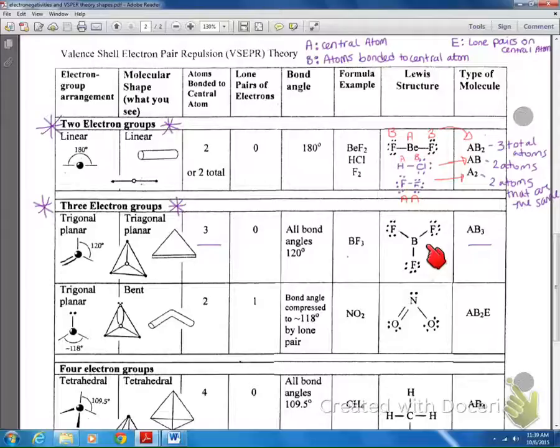So a way to label that, I've got my central atom here, and then I've got my atoms around the central atom would be AB3, and that will help me identify my shape. The next one, here we've got our central atom, for example, so I know I still have 3 things, 1, 2, 3 around my central atom, so that's why I'm in the 3 electron group. But in this case, I see that I have a lone pair of electrons.